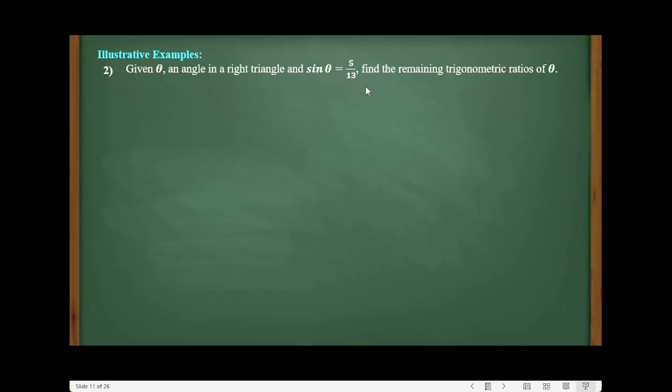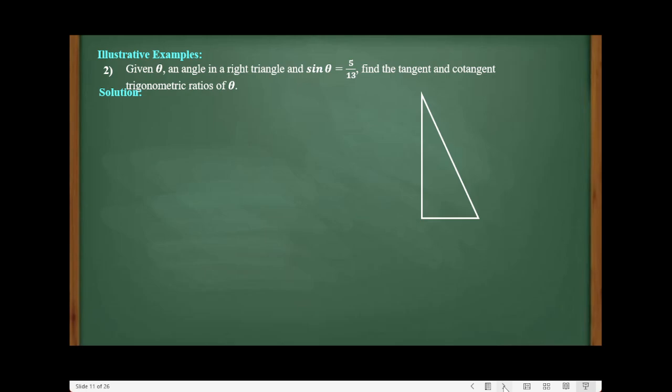Find the remaining trigonometric ratios, or rather, find the tangent and cotangent trigonometric ratios with respect to acute angle theta. So for our solution, let us draw a right triangle and consider the given sine theta, which is equal to 5 over 13.